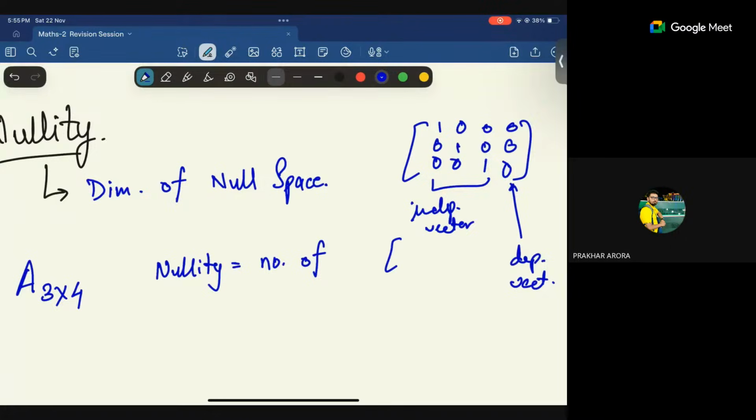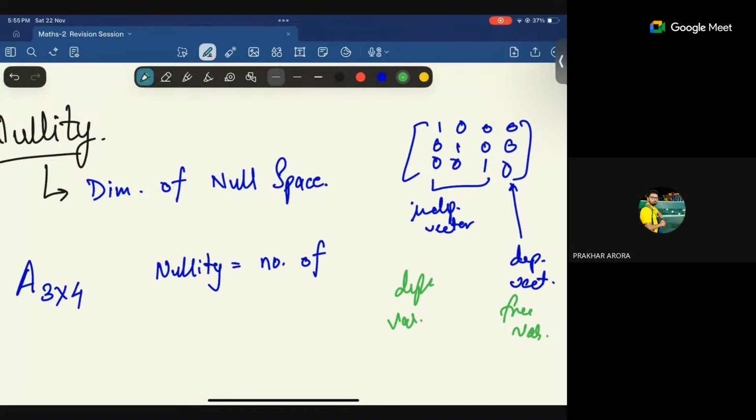This is a free variable, and this is a dependent variable.